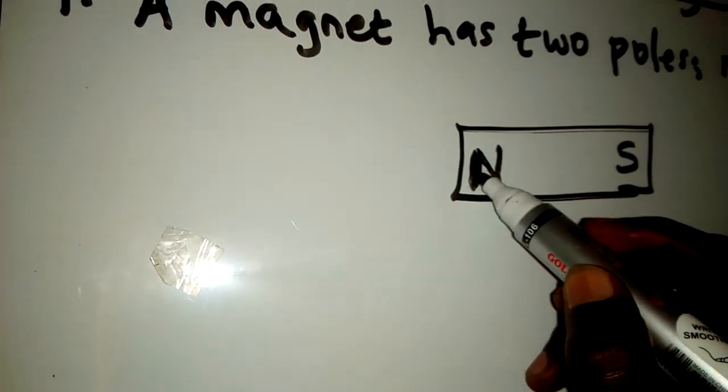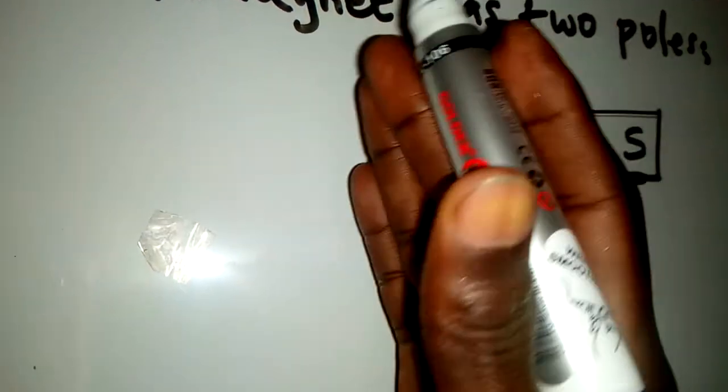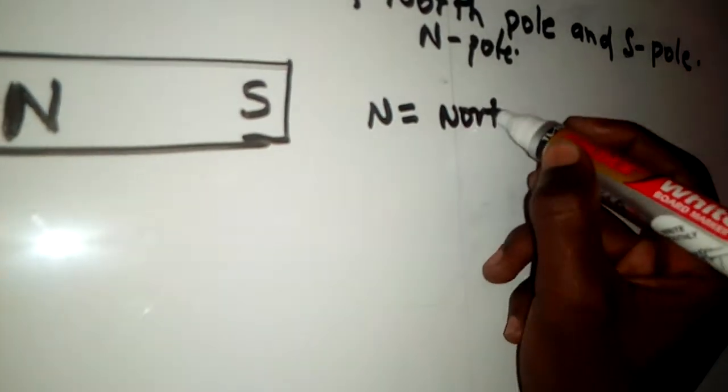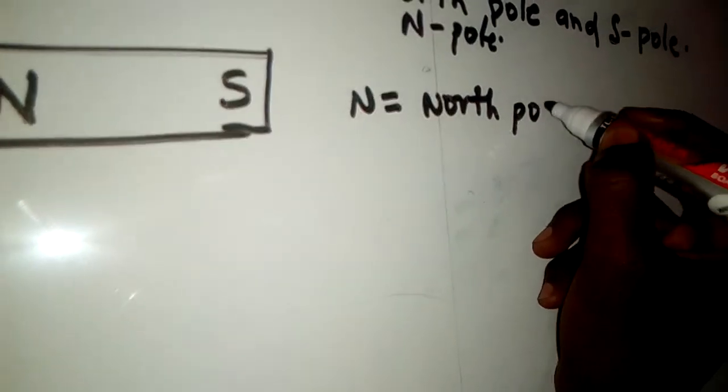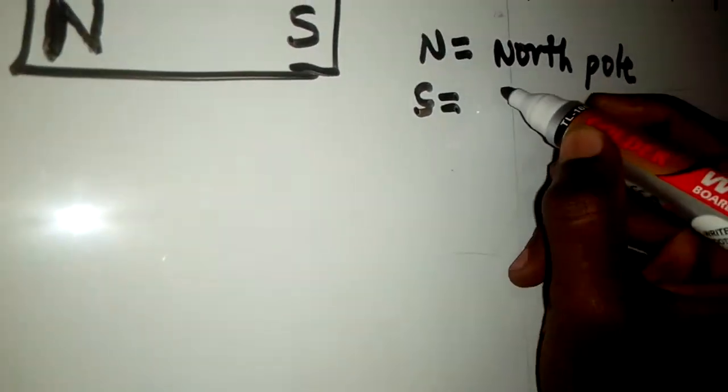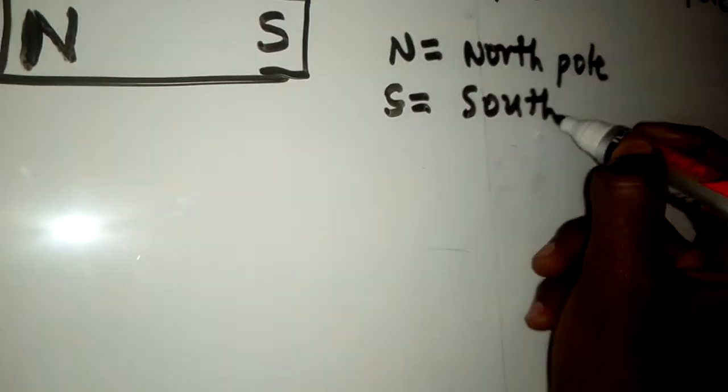In other words, we are saying the poles of a magnet are always at the ends, not in the middle. So N here means North Pole, and S means South Pole.